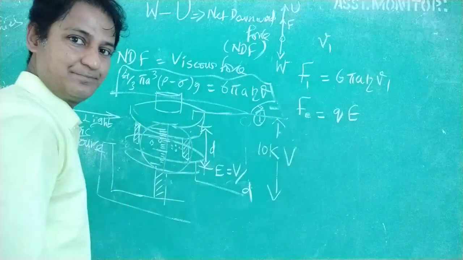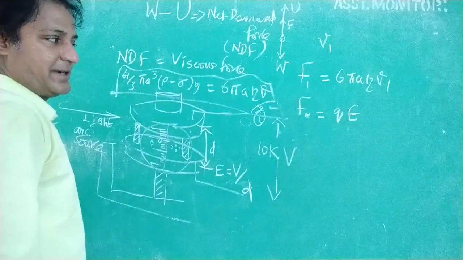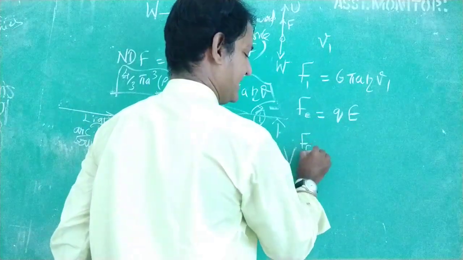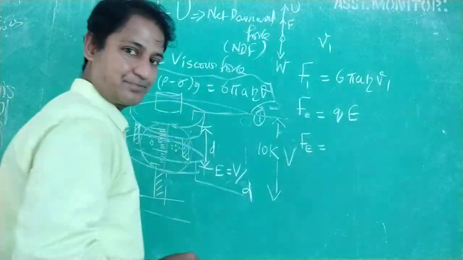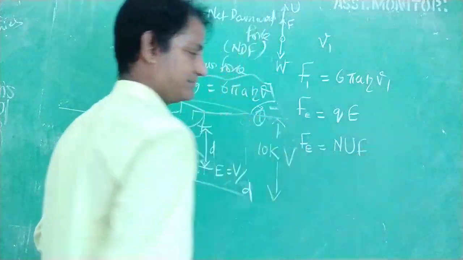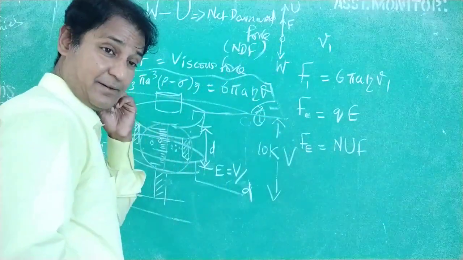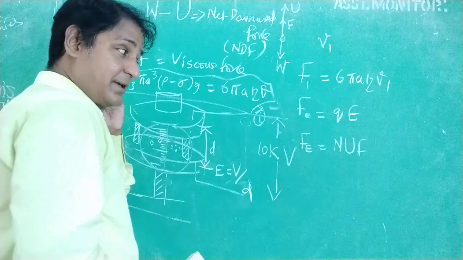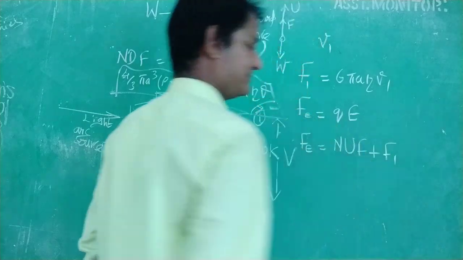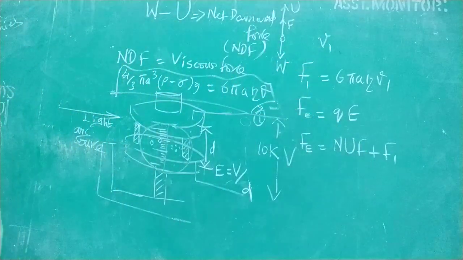Right? Now this F suffix E is equal to the net downward force plus F1.